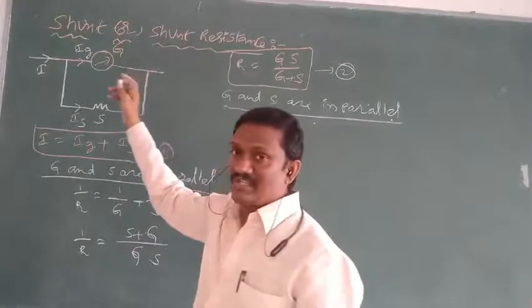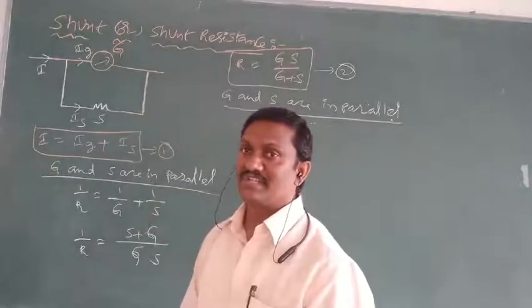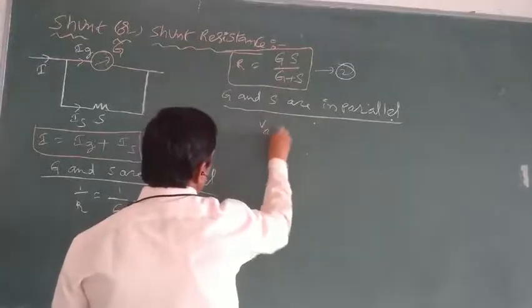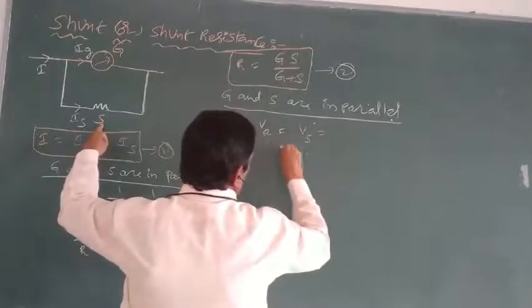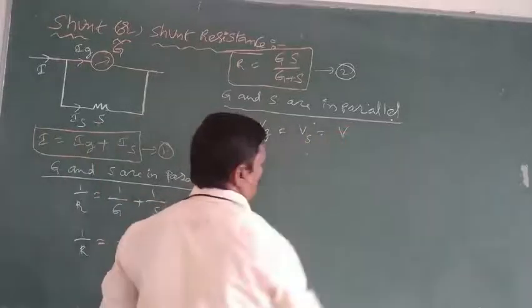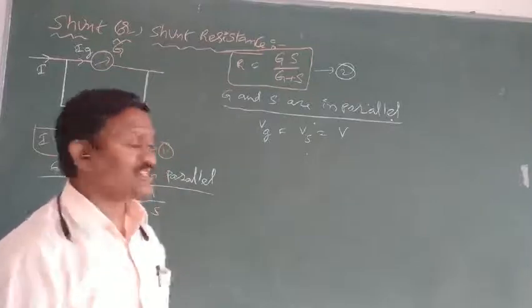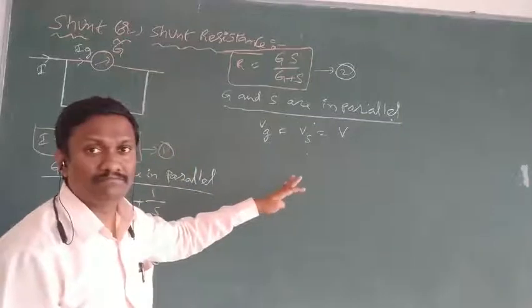When two resistors are joined in parallel, the potential difference across the two elements is the same. That means the potential difference across the galvanometer and the potential difference across the shunt resistance are equal to the applied potential. So in parallel combination the potential across the galvanometer, the potential across the shunt resistance and the applied potential should be the same.